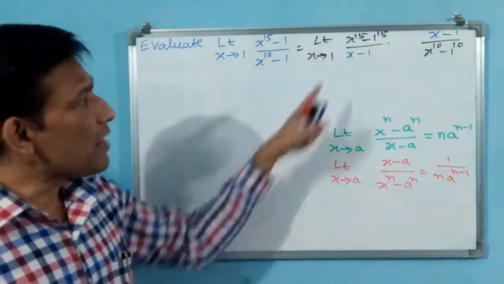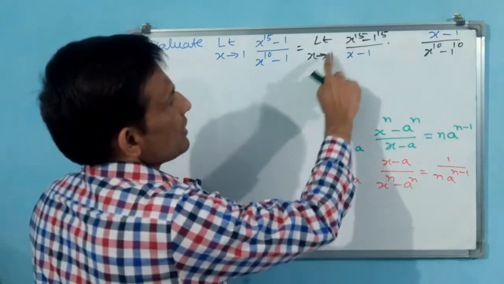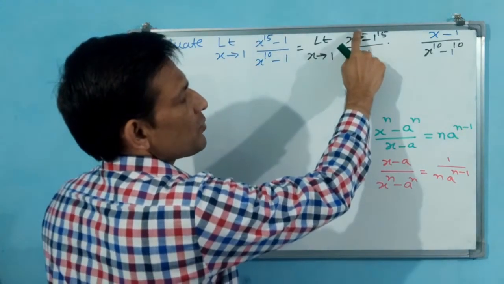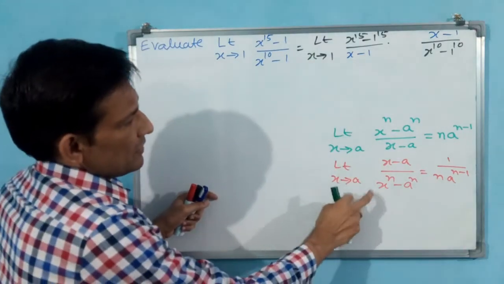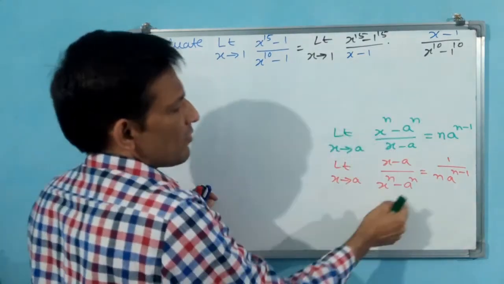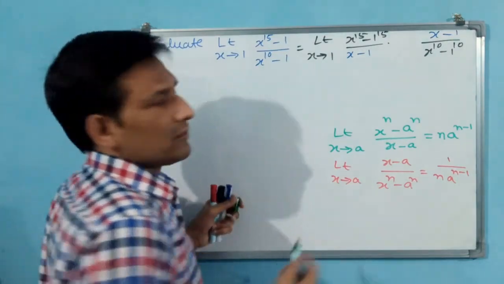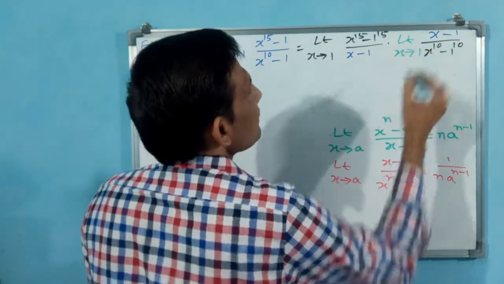Why have I written like this? If I write like this, automatically this is going to become limit x tends to a, x to the power of n minus a to the power of n by x minus a. This is the first formula. The second formula is just the reciprocal. Then this also you keep limit x tends to 1.